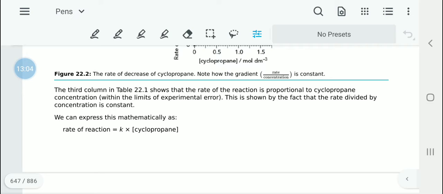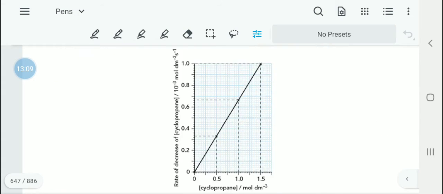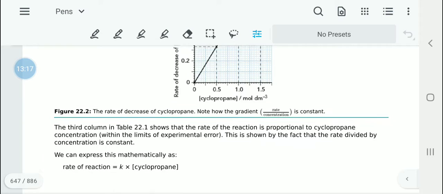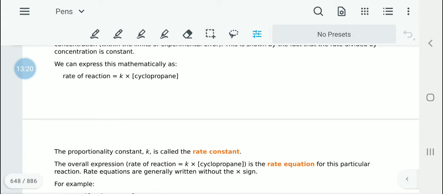If it is represented in a graph, it would be a straight line. This can be written in an equation where rate of reaction equals k into the remaining part, which is going to change depending on the equation.